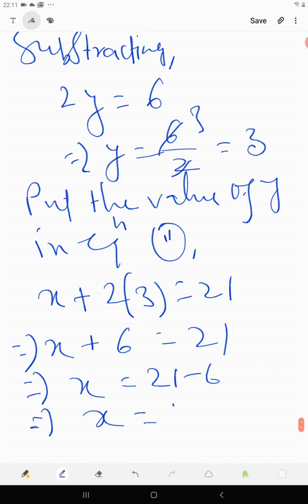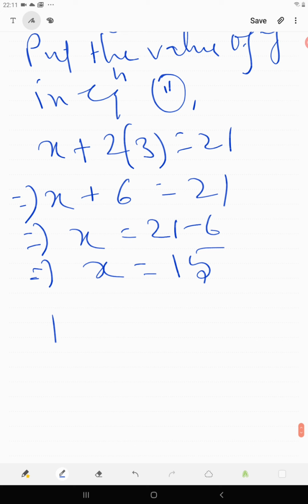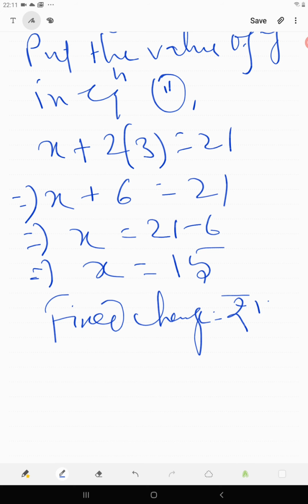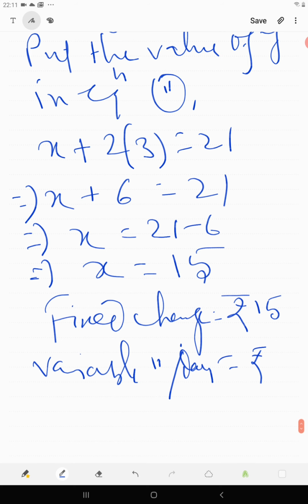So for the first 3 days the charge is 15 rupees. That is the fixed charge. Fixed charge equals rupees 15, and the variable charge per day, always understand, equals rupees 3. So this is our answer.